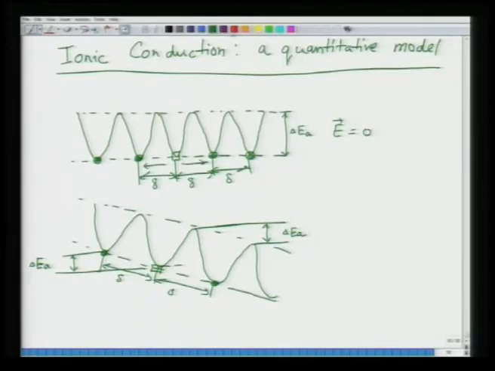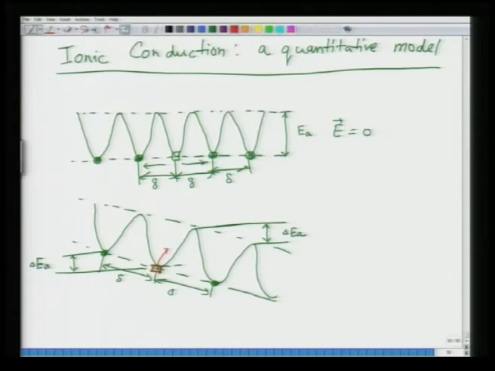So if this vacancy, which I make red here, has to move to the right, the energy barrier which was EA earlier becomes EA minus delta EA. And here on the left hand side it increases by delta EA.